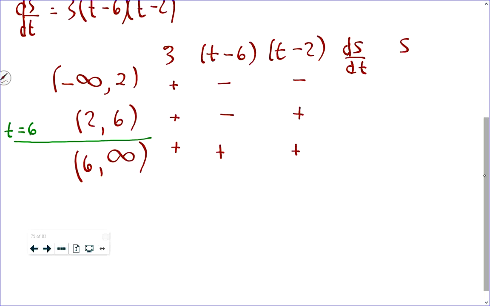And then we multiply these together. Positive times negative is positive. The derivative is positive in this interval. Positive times positive, it's negative here. And then 3 positives multiplied is positive. What does that tell us? It tells us that s is increasing in these two intervals, and s is decreasing in this interval.